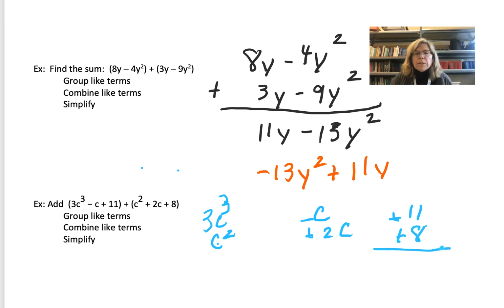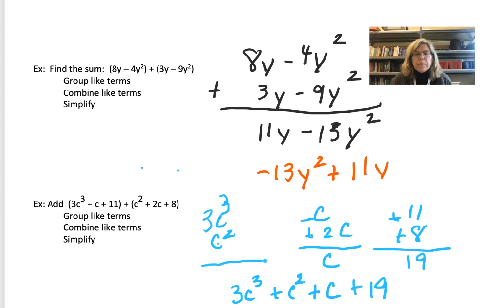Well, if you add those together, you get 19, and here you get 2c minus c is c, and here you have c squared and 3c cubed, and they can't be combined. So in the end, we simplify it to say we have 3c cubed plus c squared plus c plus 19. And that's your final answer.